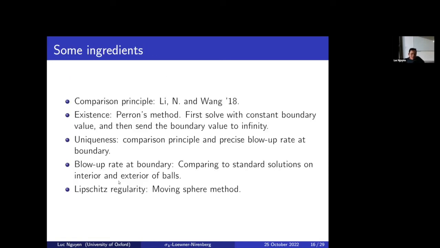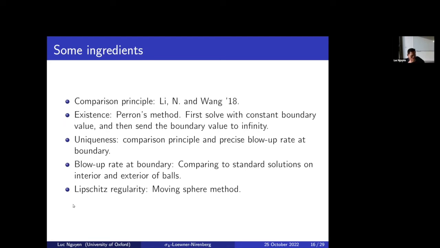Okay, so the treatment in this problem is slightly different from the context on manifolds. One can also ask the question about the Loewner-Nirenberg problem on manifolds, that means on domains in a Riemannian manifold setting.